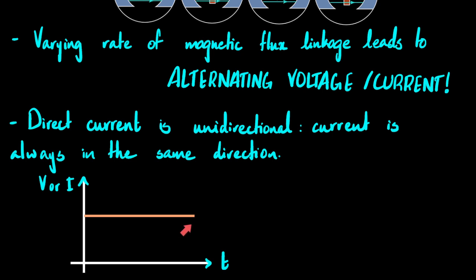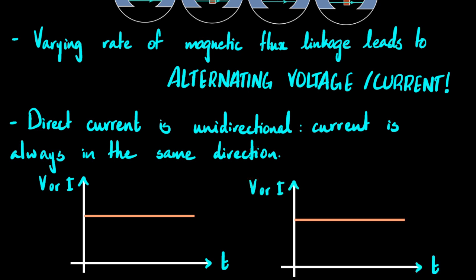Now additionally, we can also see here that this magnitude is also fixed. But remember that that is not a requirement for a current to be called direct. The only requirement is that the direction should be the same. So strictly speaking, if instead of what I had here, I have something like this, that is also direct current, right?